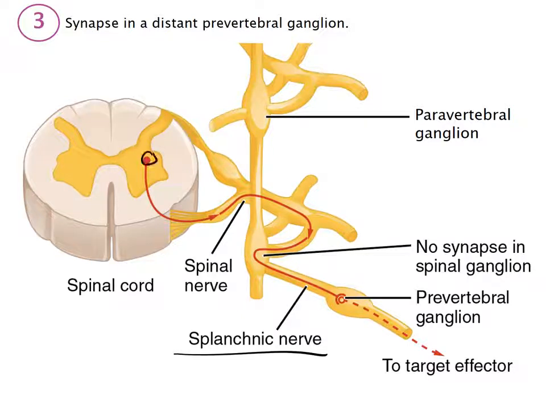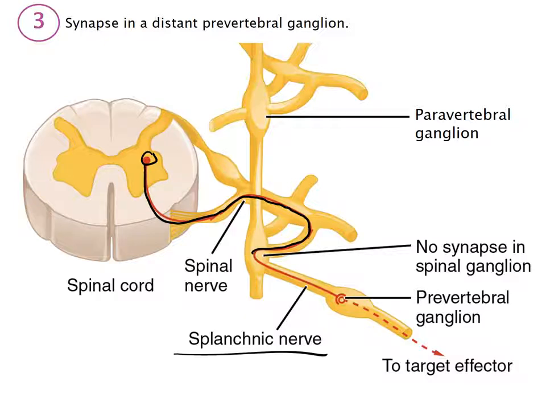Here again is the cell body of a preganglionic sympathetic fiber that is residing within the lateral horn of the spinal cord. The axon is sent out through the ventral rootlets onto the ventral root, onto the spinal nerve, onto the white rami communicans, and once inside the sympathetic chain, no synapse occurs whatsoever.